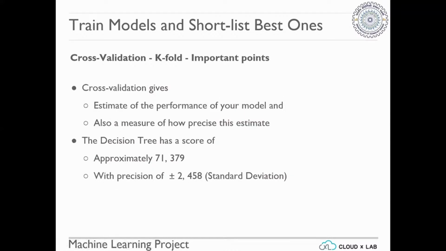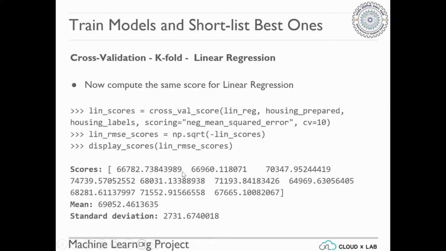So we can use cross validation to estimate the performance of our model, and in fact we can use the standard deviation to measure how precise our estimate is, right? Because as you can see here, we are calculating the mean value and the standard deviation.